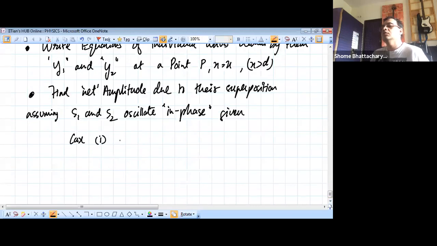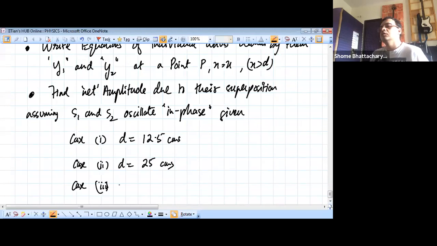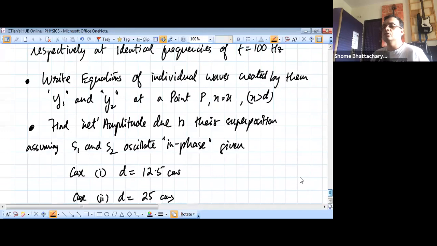Given case 1, this d is equal to 12.5 centimeters, and case 2, d is equal to 25 centimeters, and case 3, d is equal to 50 centimeters. So in each of these three cases, we have to calculate these two things.